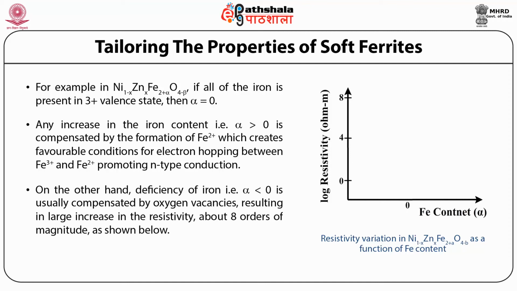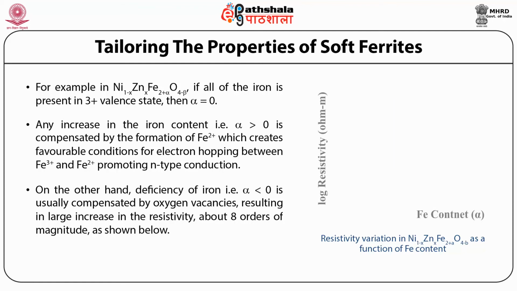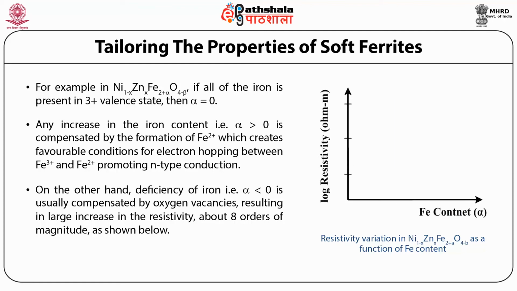On the other hand, the deficiency of iron, that is alpha less than 0, is usually compensated by oxygen vacancies, resulting in a large increase in the resistivity, about 8 orders of magnitude. Such behavior is shown in the figure on the left-hand side, where the x-axis shows the Fe content, that is alpha, and the y-axis shows the log resistivity in ohm meters. This resistivity variation in nickel zinc ferrite is as a function of iron content.